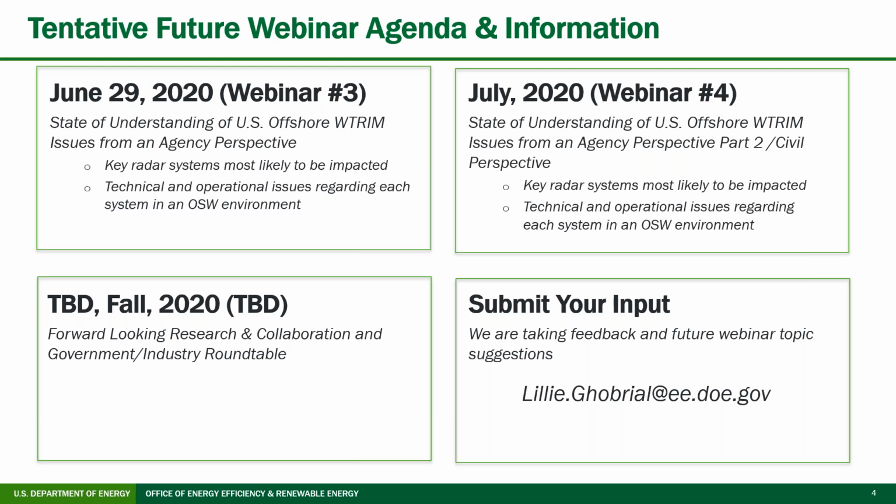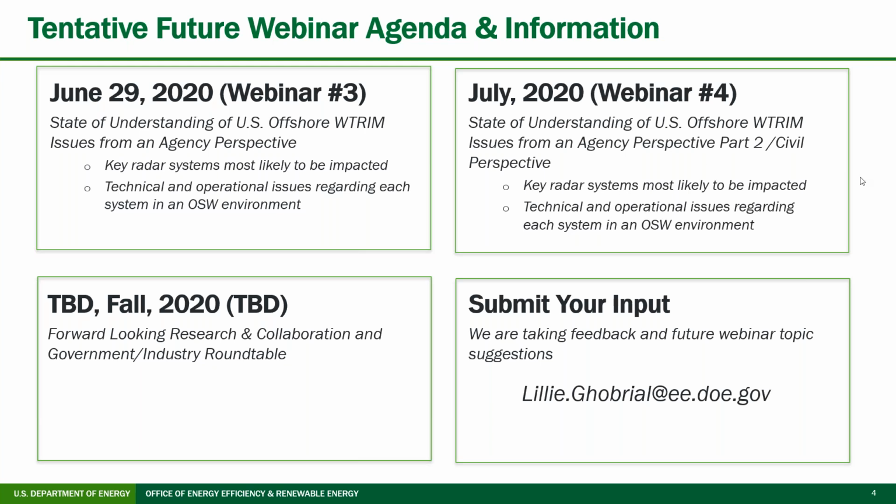The next couple of webinars in June and tentatively July will be focused on the technical impacts of offshore wind on different classes of radar systems, and what the state of understanding is around those impacts and how they can be mitigated.